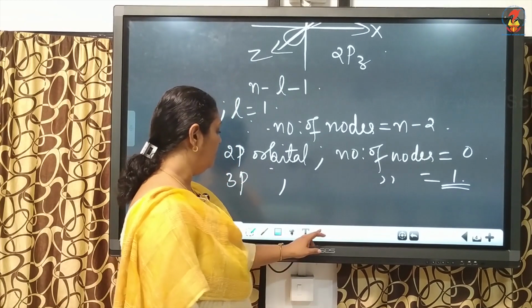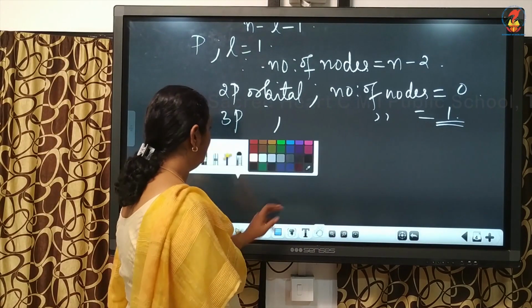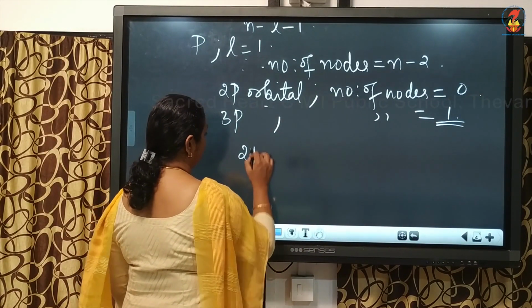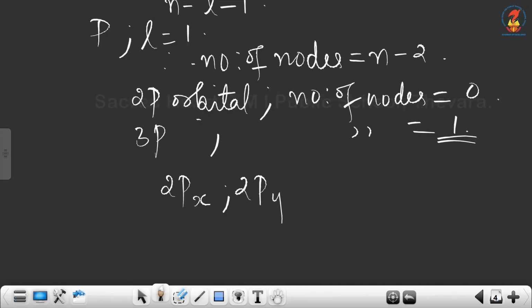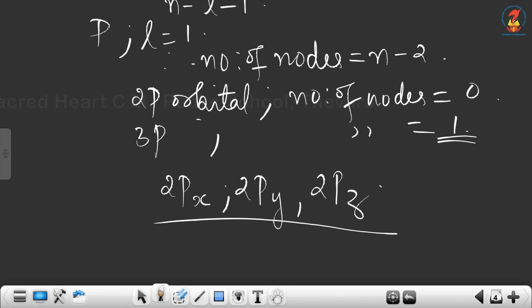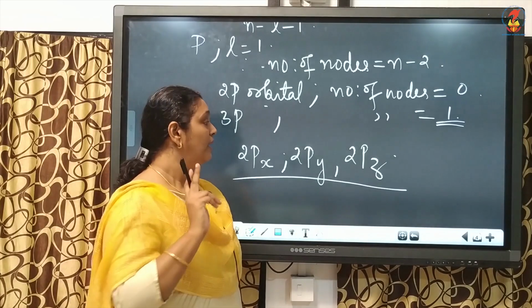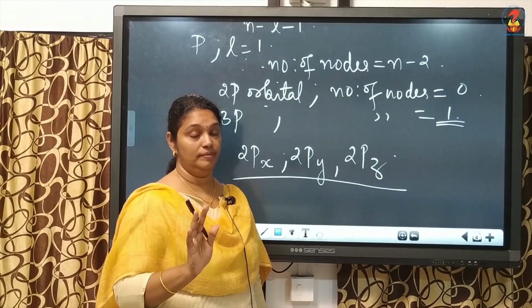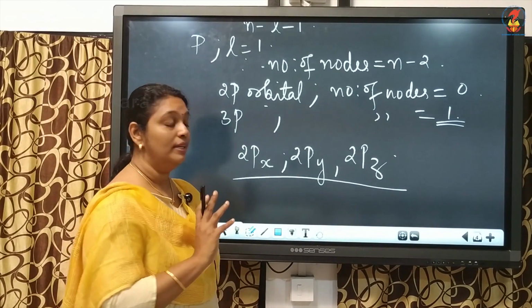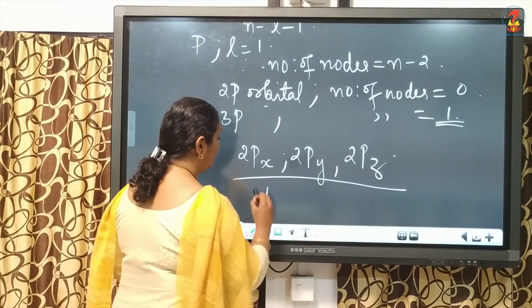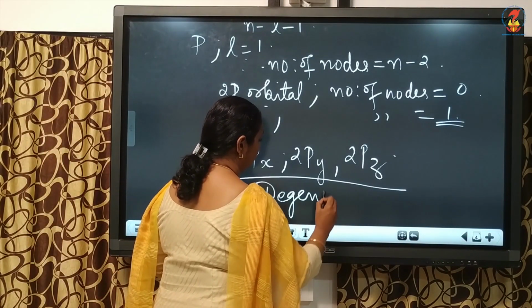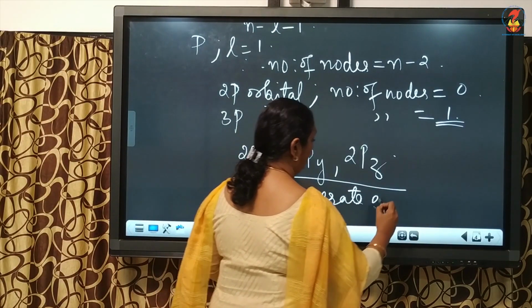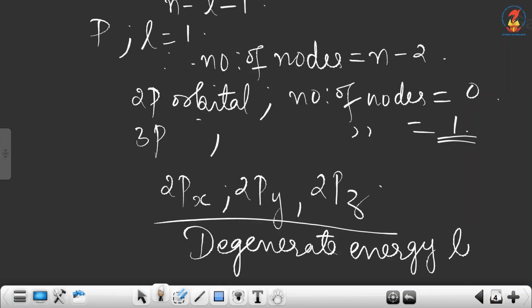Now I told you about 2px, 2py, 2pz. These three orbitals, which belong to the same subshell, that is n is equal to 2, have the same energy, and we call these degenerate energy levels.